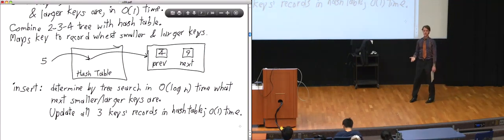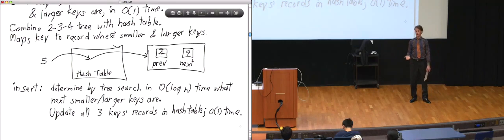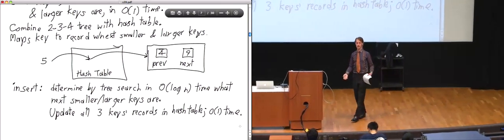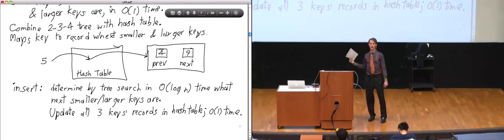But you can update the hash table with all that information in constant time. So again, it takes a total of log n time to remove a key from this hybrid data structure. Any questions about that?